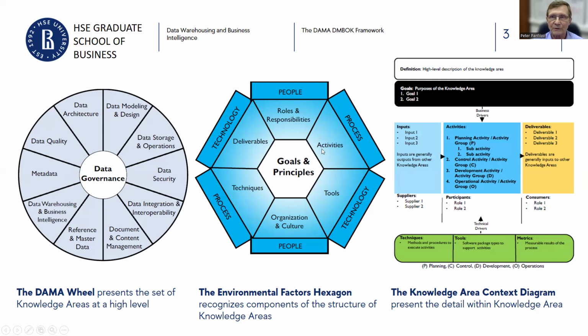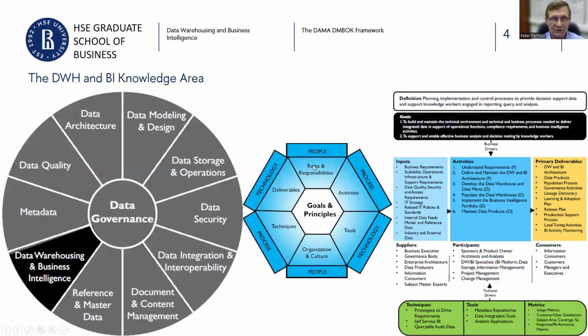But usually we focus on the context diagram to discuss activities, inputs, outputs, and people involved. And of course, we look at the DAMA wheel to understand where exactly we have this particular piece of functions.